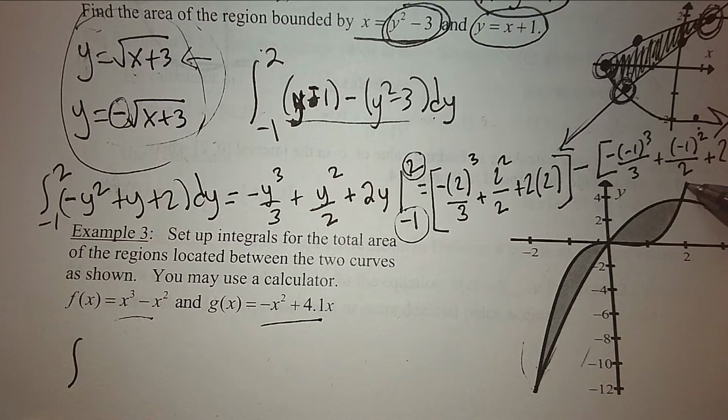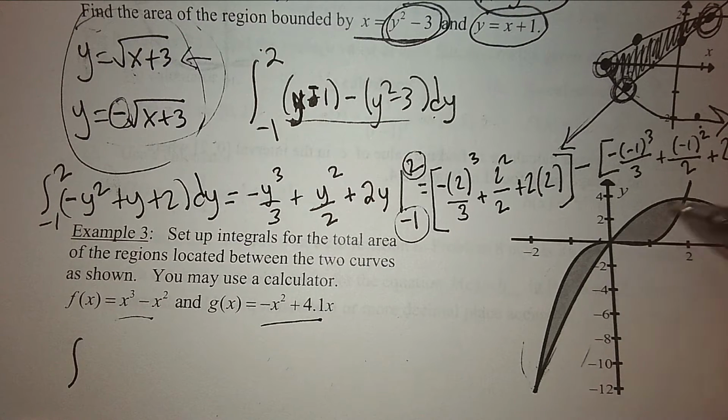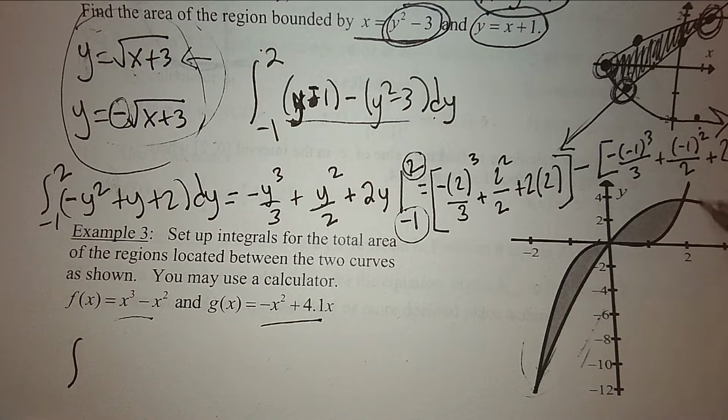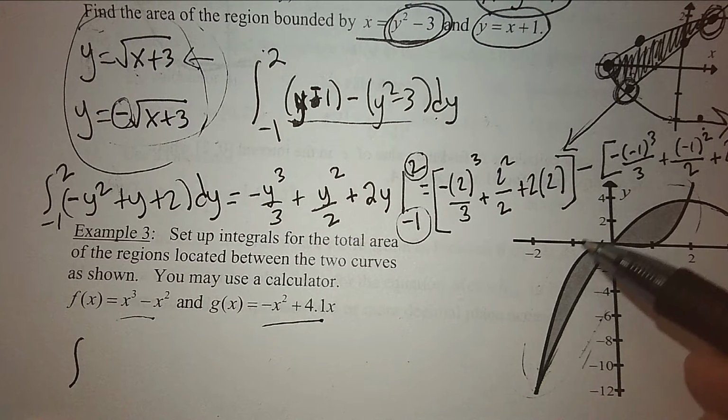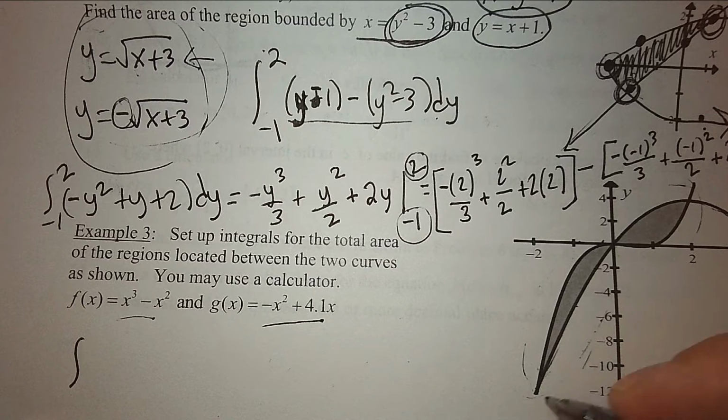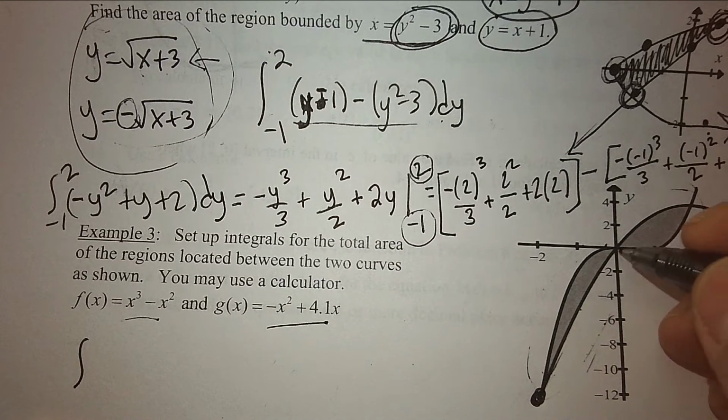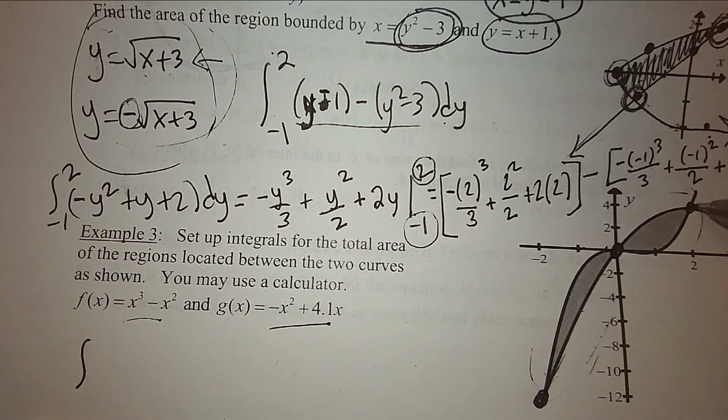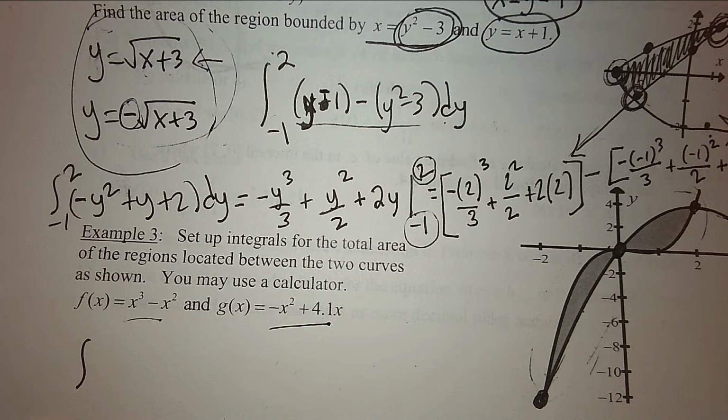That's important. So for the first section, this is going to require two integrations if we write it out by hand, because it takes turns which is on top and which is on the bottom. This point of intersection, this point of intersection, this point of intersection, all of them are important.